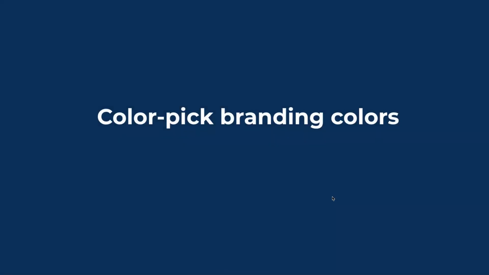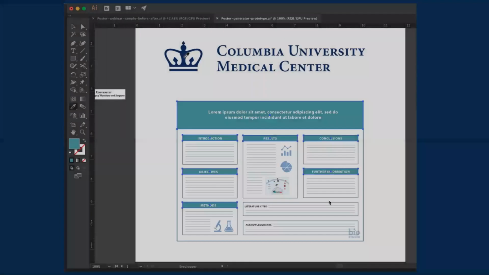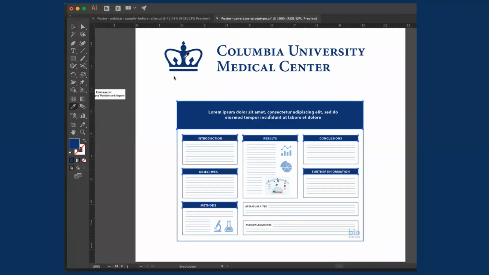A few other small tips: color picking branding colors has been a pretty popular topic I'm seeing these days. So I just picked the Columbia University Medical Center navy color here, and this is using Adobe Illustrator.